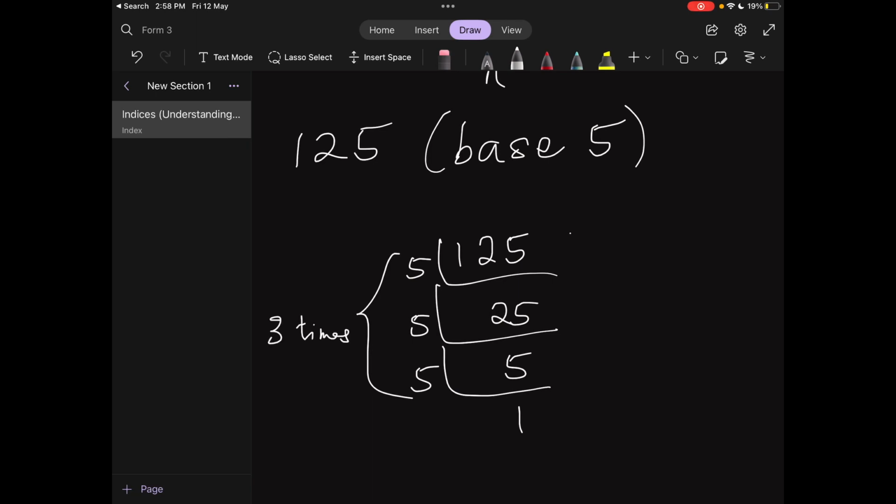So it is safe to say that 125 is also 5 to the power of 3, where 5 is the base number, which is the number being multiplied, and 3 is the index or the exponent, which represents the number of times the base number is multiplied. So in this case, 5 is multiplied by itself 3 times: 5 times 5 times 5.